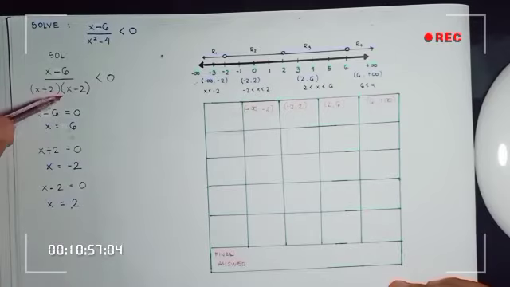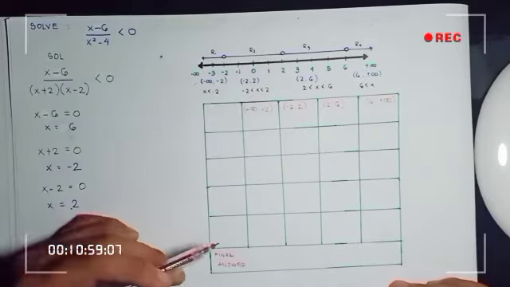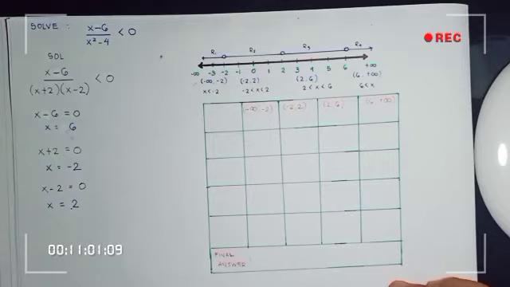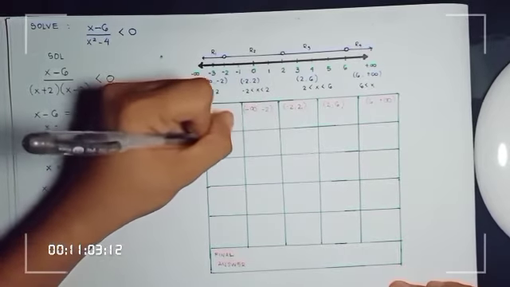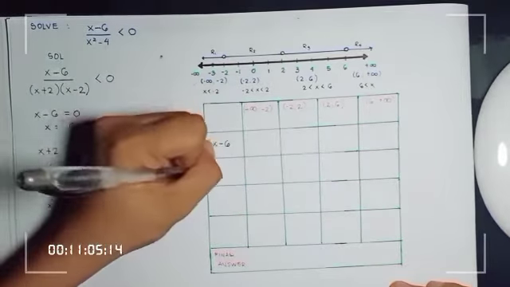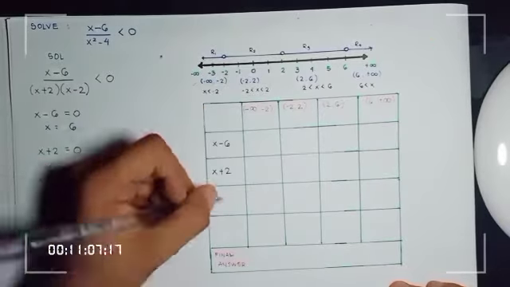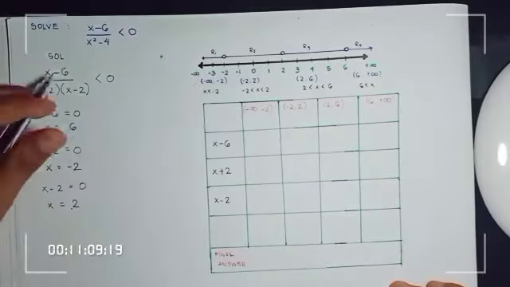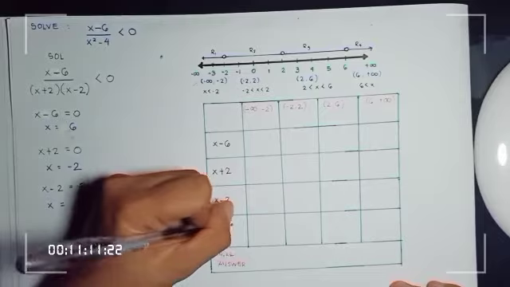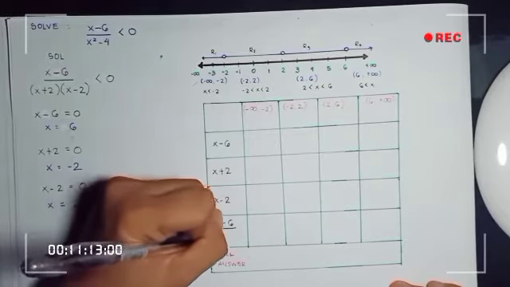And then, putting the numerator and the denominators in the rows. We have x minus 6. We have x plus 2. We have x minus 2. And then the complete term on the left side of the inequality.